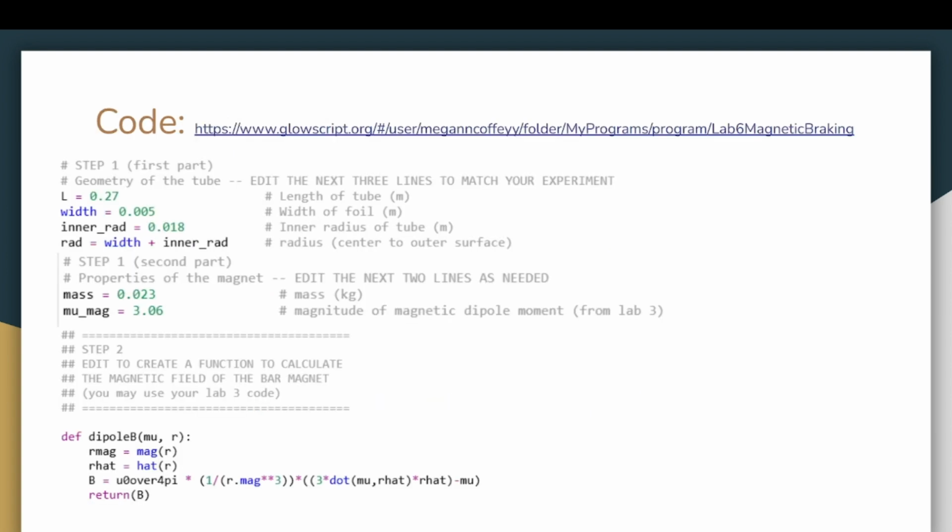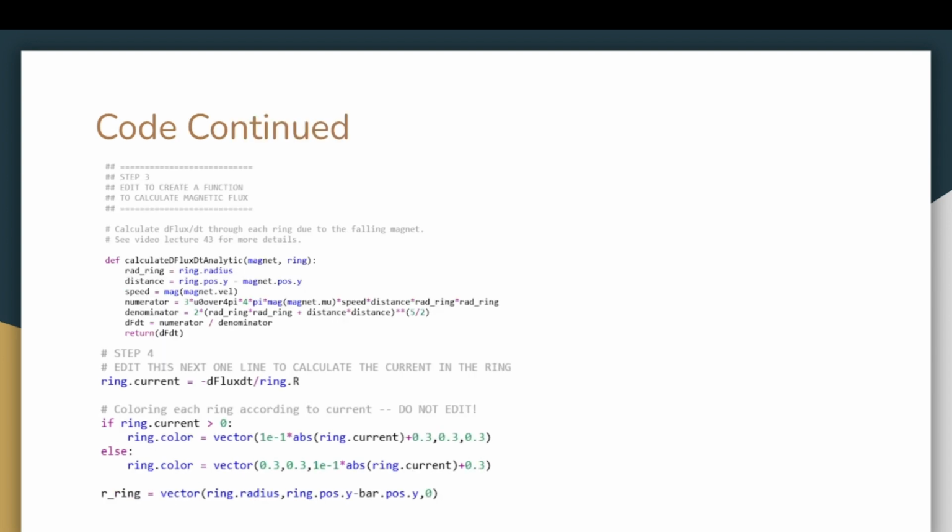So then for my code, first of all, I adjusted all the measurements to match our experiment, and then created the magnetic field formula down there in step 2.